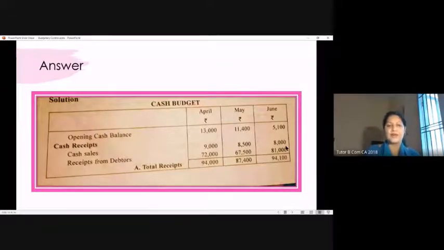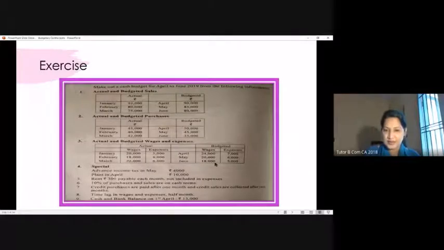And then now we will have to take care of the credit sales. We know that since 10% is happening on cash, the remaining 90% will happen in credit terms, right? But what we have to remember here is they have given an adjustment that credit sales are collected after 2 months.